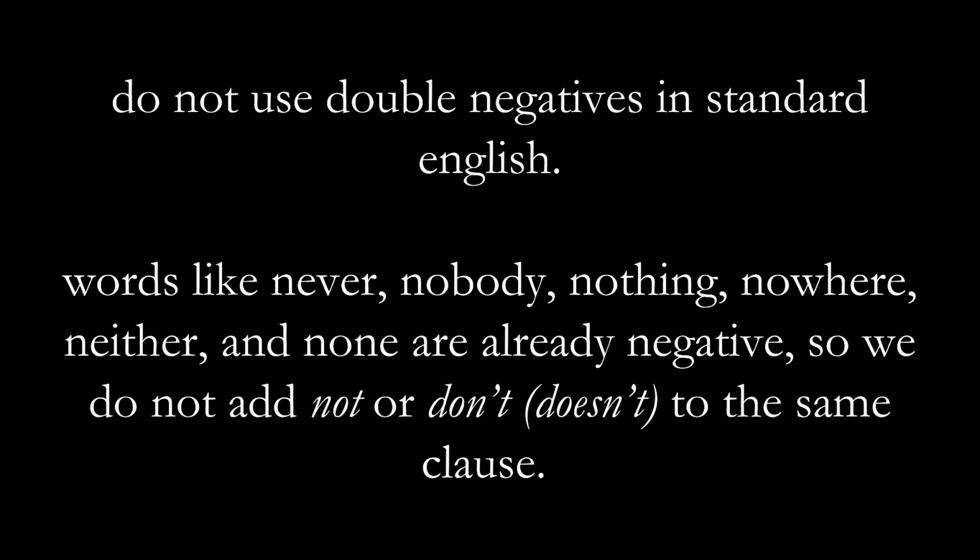Words like never, nobody, nothing, nowhere, neither, and none are already negative, so we do not add not or don't/doesn't to the same clause. For example, "I never read horror novels," not "I don't never read horror novels."